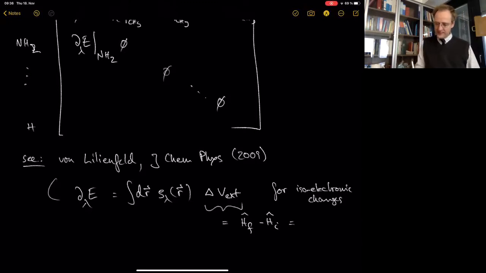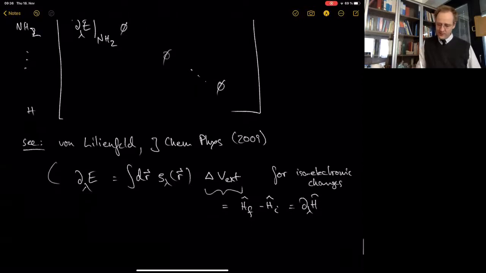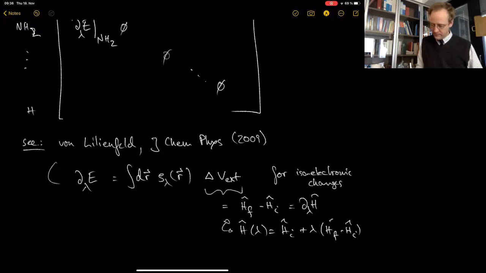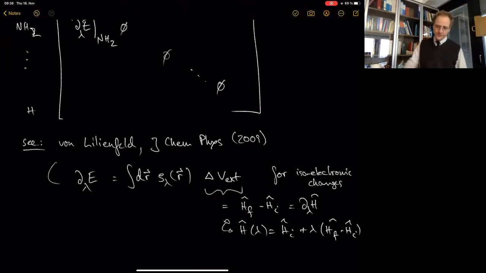Hamiltonian, which is the derivative of the Hamiltonian, if and only if the Hamiltonian is linear in lambda, as we just said. So in this way, you can go from any compound to any other compound.